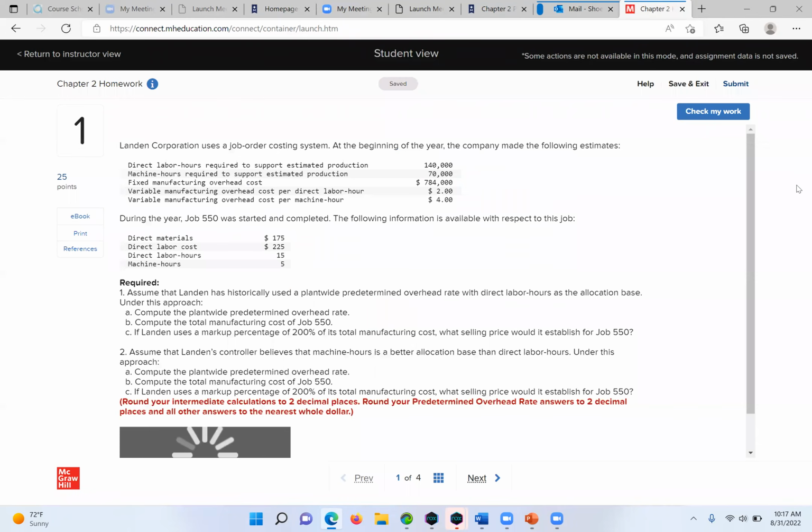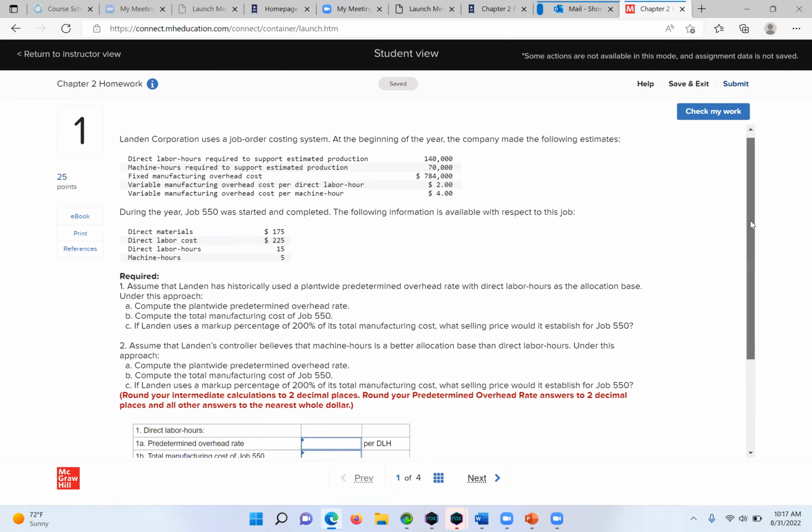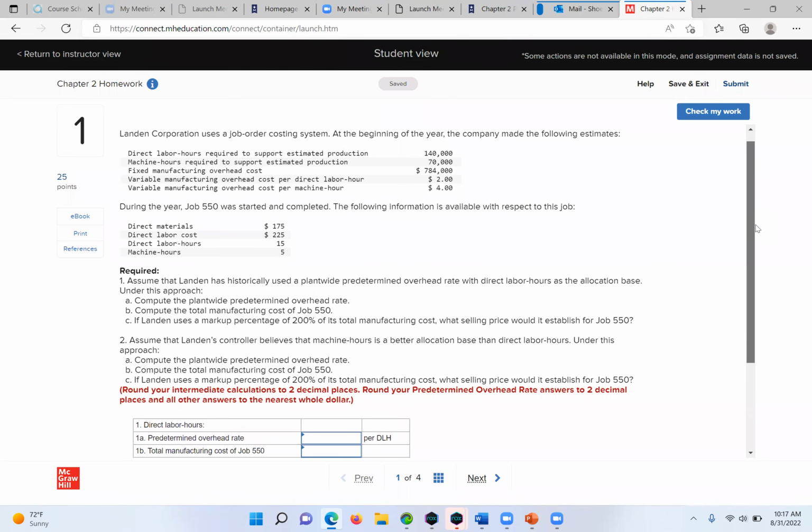So as you see here, Landon Corporation uses a job order costing system. At the beginning of the year, the company made the following estimates. Now it's asking us here, assume that Landon has historically used a plant-wide predetermined overhead rate with direct hours as the allocation base.